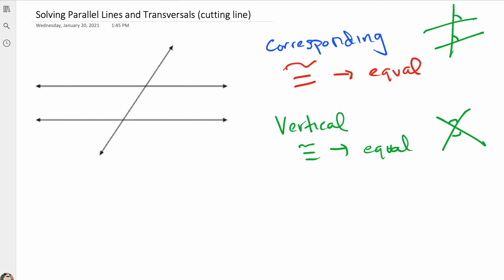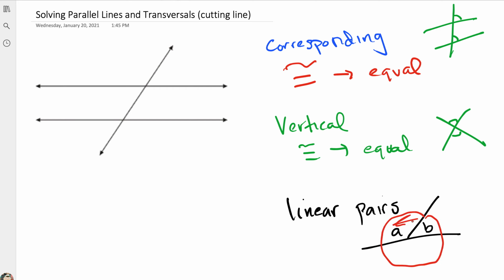So we also see linear pairs whenever we look at parallel lines and the transversal. Linear pairs are when you have a straight line, linear, and it's a pair of angles, so that when we fit the two angles together, when we draw a circle, it's really cutting off half of the circle, which is 180 degrees.